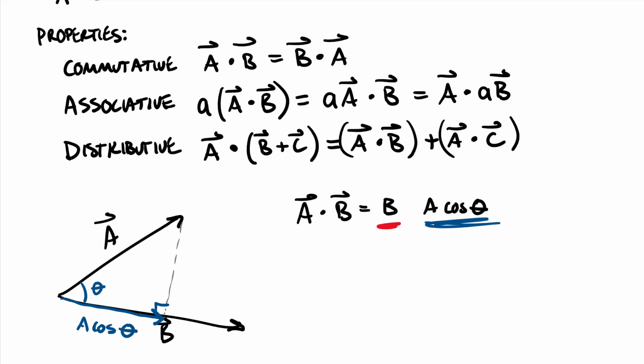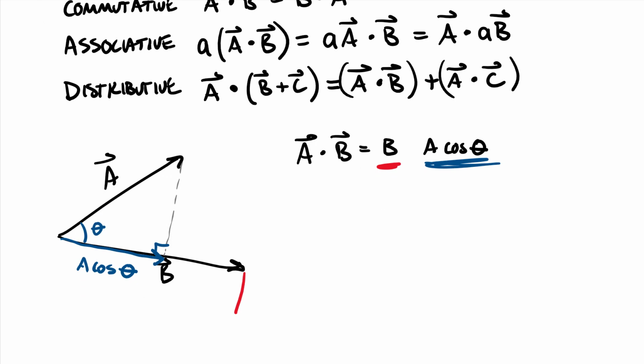That's the scalar component of A that's along B. And then B itself is this full distance, all the way from the tail to the tip of B. And so when we take a dot product, we end up with not only the scalar component of one vector along the other, but we also end up with the full length of the vector we're projecting onto.